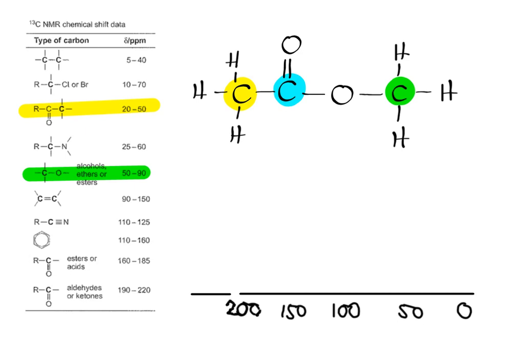And finally the blue carbon, so the carbonyl, so we've got two choices there, so we've either got the one for the esters and the acids or the aldehydes and the ketones. Hopefully we can see that we've got a carbonyl in an ester. So we'll see three peaks in those regions, something like that.